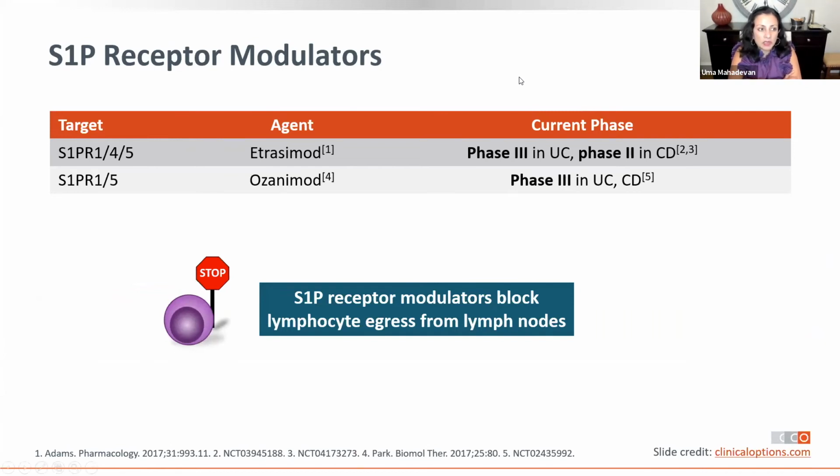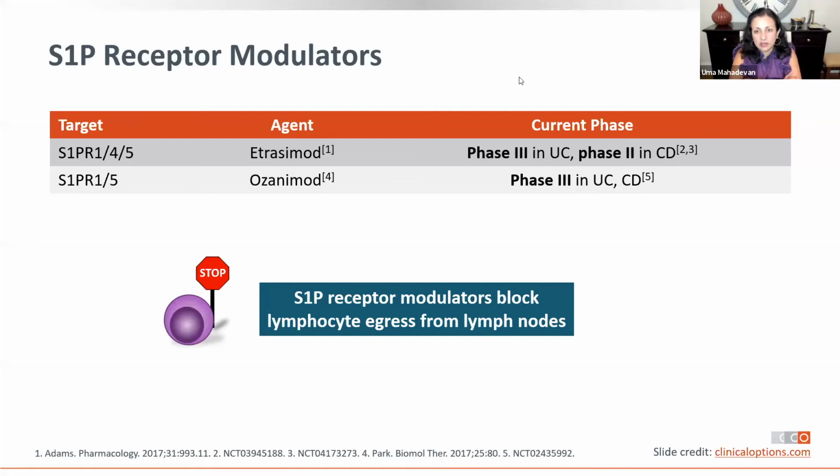So the S1Ps are the sphingosine 1 phosphate receptor modulators. The one that's commercially available right now is fingolimod, which is non-selective and is FDA approved for multiple sclerosis. Recently, ozanimod, which is a selective S1P1, was approved for multiple sclerosis and is in phase 3 trials for UC and Crohn's disease, and looks pretty good for UC.